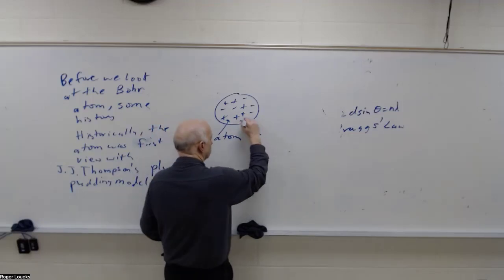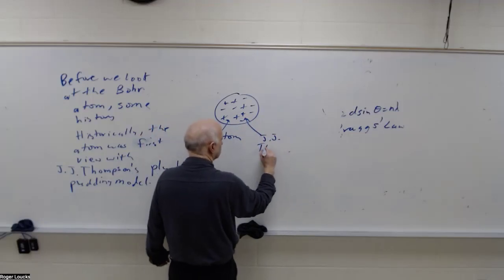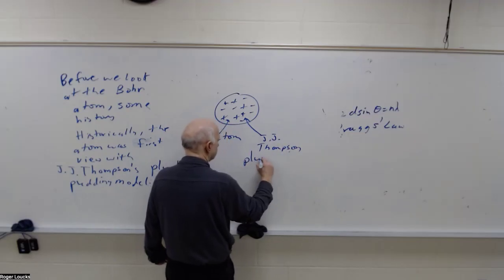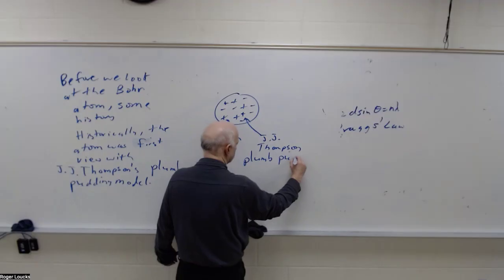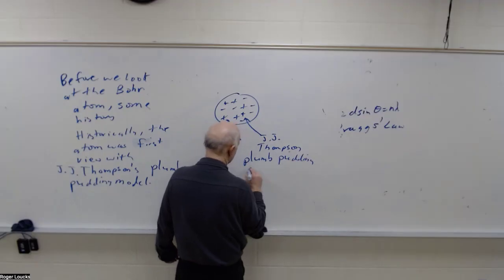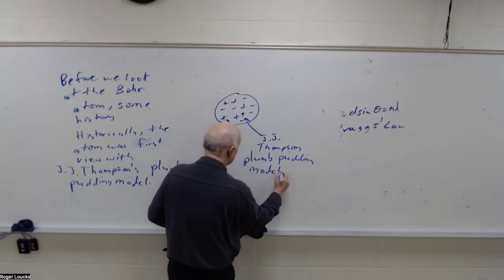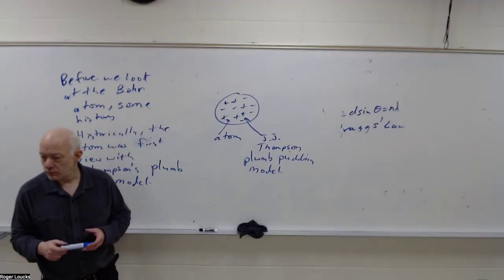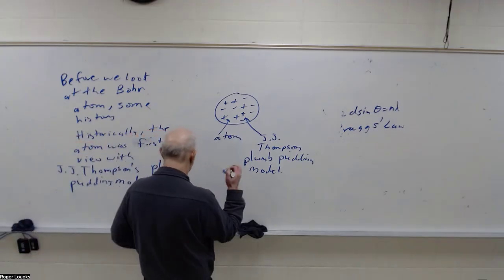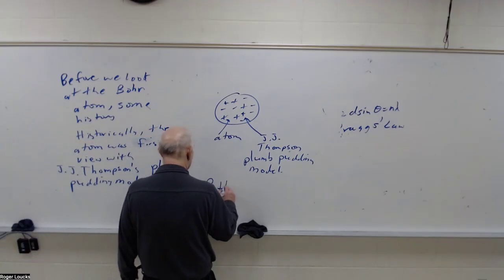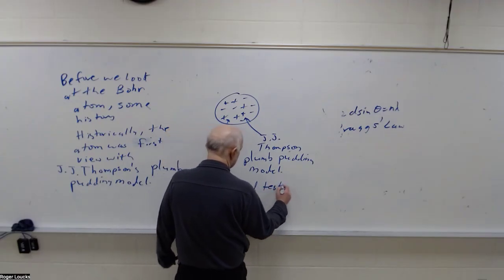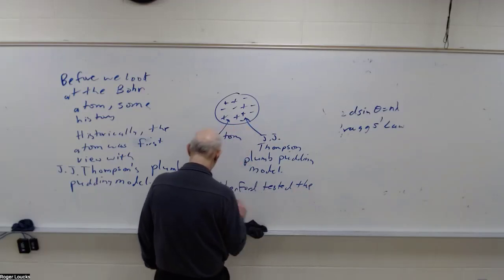So this is the J.J. Thomson plum pudding model. That's a great model. It can be tested. And who tested it? I don't know. Rutherford. Okay, so Rutherford tested the plum pudding.